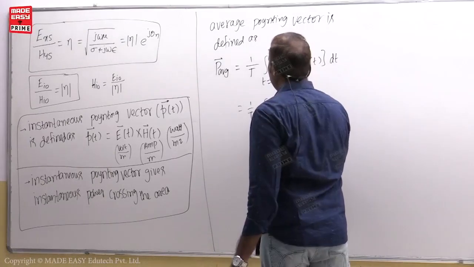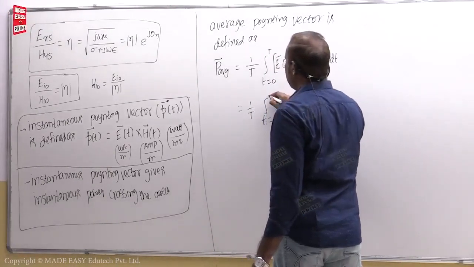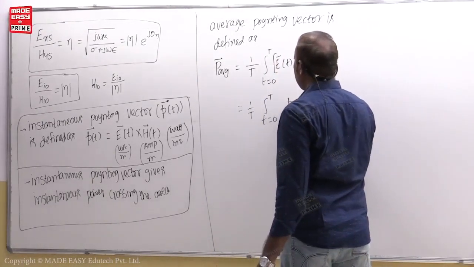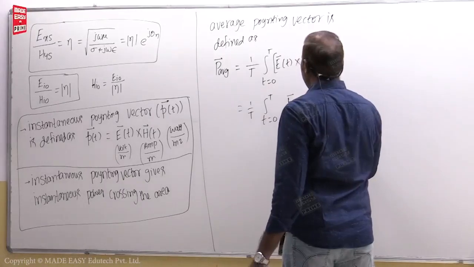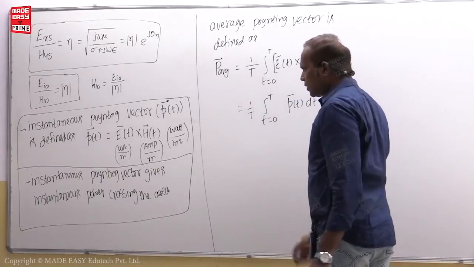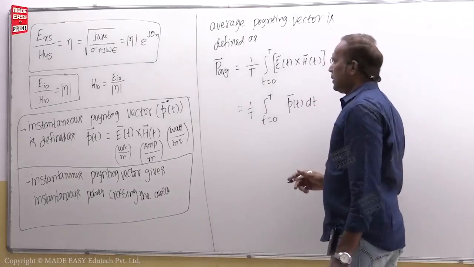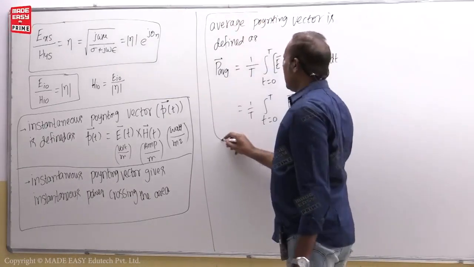So 1 by T integral 0 to time period, the instantaneous Poynting vector small p of t dt, where small p of t is this one. This is also one of the formulas.